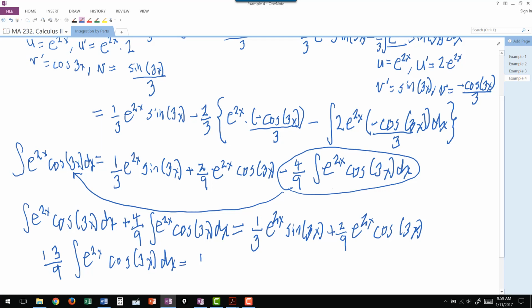And this is equal to what we had before, 1/3 e to the 2x sine 3x plus 2/9 e to the 2x cosine 3x.